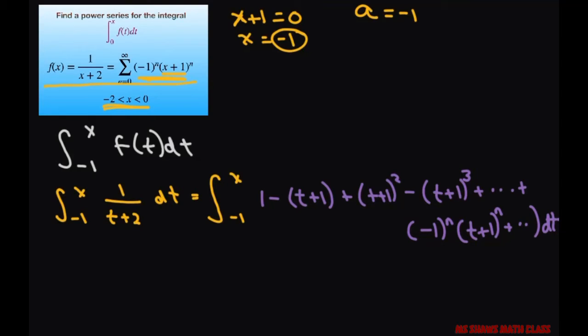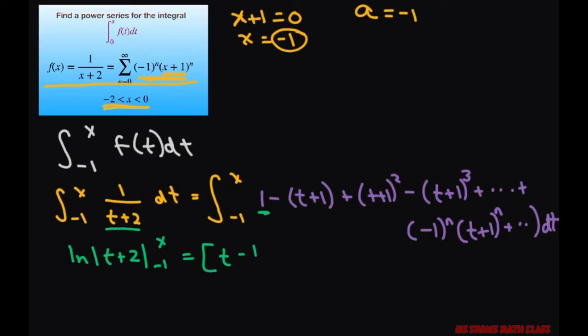All right, now we're going to integrate. This piece is going to be ln of t plus 2, and we're going from -1 to x. For the other pieces, the antiderivative of 1 is t.